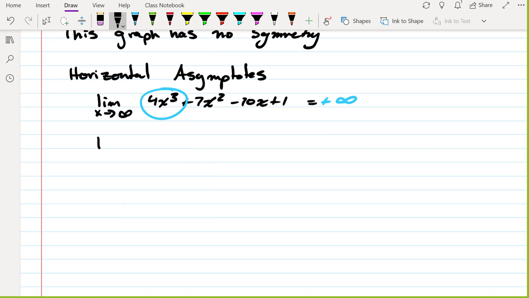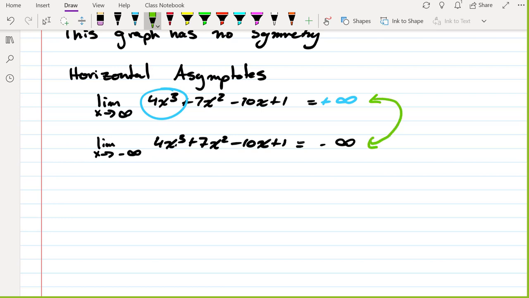And if we do the same thing, we take the limit as x goes to negative infinity of 4x cubed plus 7x squared minus 10x plus 1. This time, negative infinity times negative infinity times negative infinity is going to give us negative infinity. So we have no horizontal asymptotes, but the fact that we have these two things tells us something.